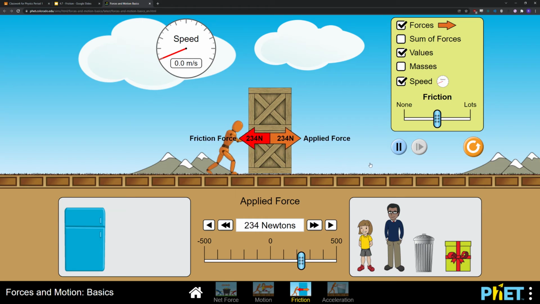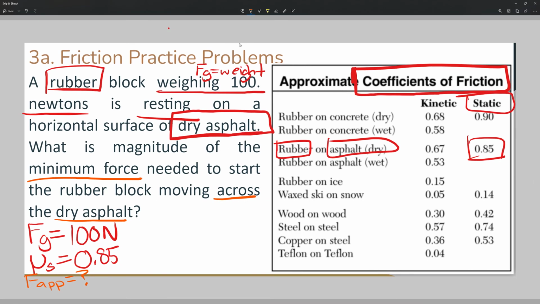And there's a maximum static frictional force you must overcome, which is what this question is asking. So even though they are looking for your applied force, we know that my applied force is equal to my static frictional force. And so we're solving for our frictional force here.